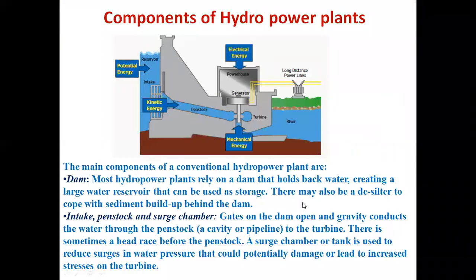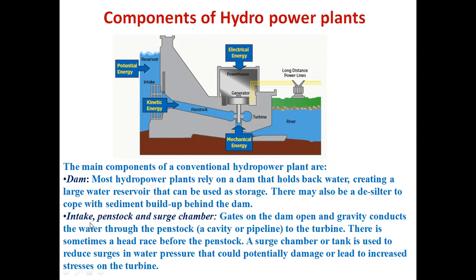So hydropower plants are the power plants which generate electricity using water power. So you can see this image. Important parts of hydropower plants are dam, which is constructed across a river for storing the water. It has intake, penstock, and surge chamber.